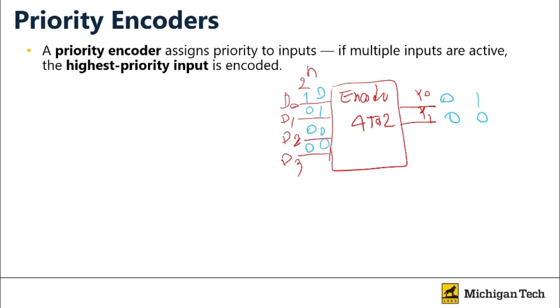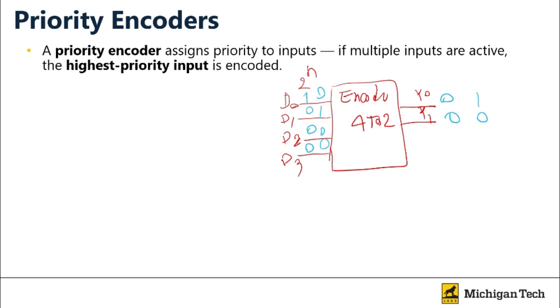But what is the problem? Sometimes inside the keyboard, you press 2 keys at the same time, or multiple keys at the same time. That's the application of priority encoders. If multiple inputs come, which one is the best? The one with the highest priority. So for some applications, we need to consider priority.